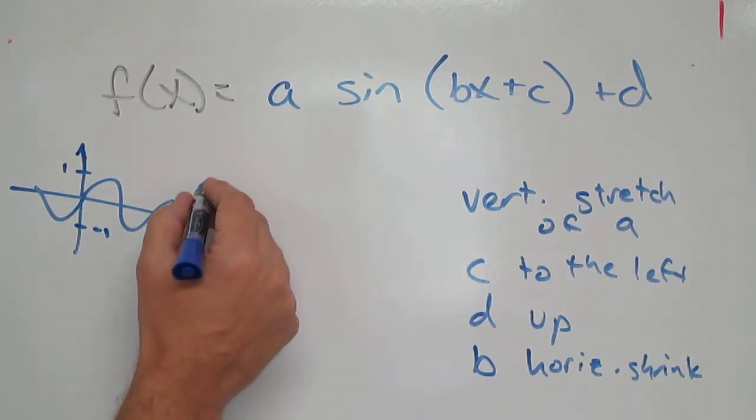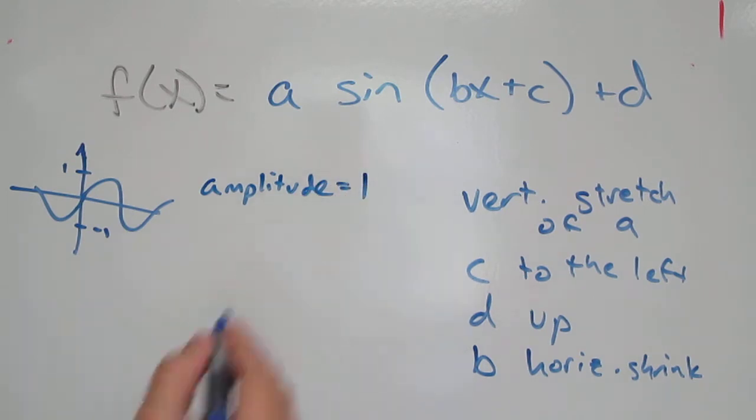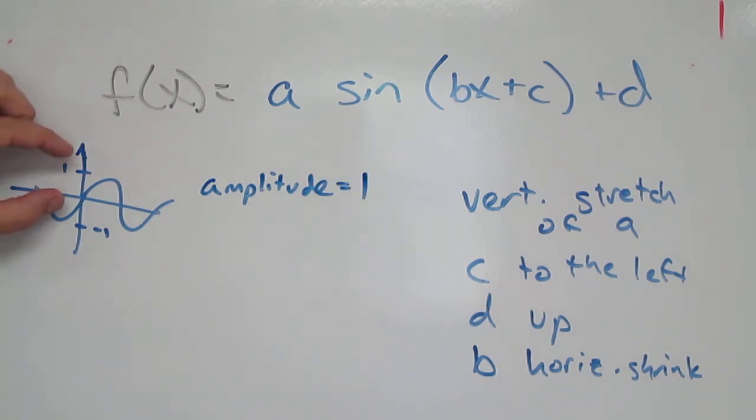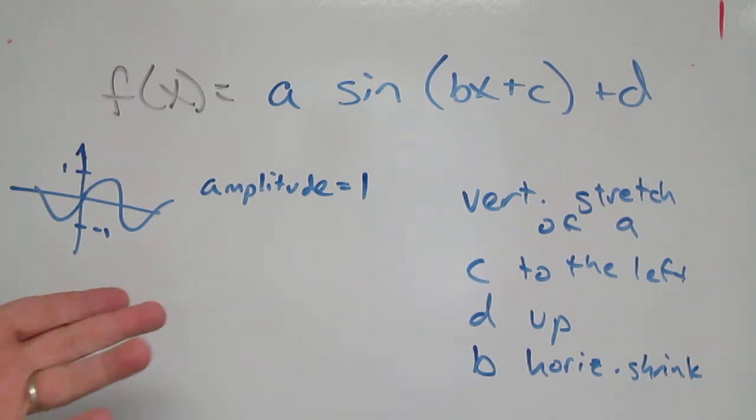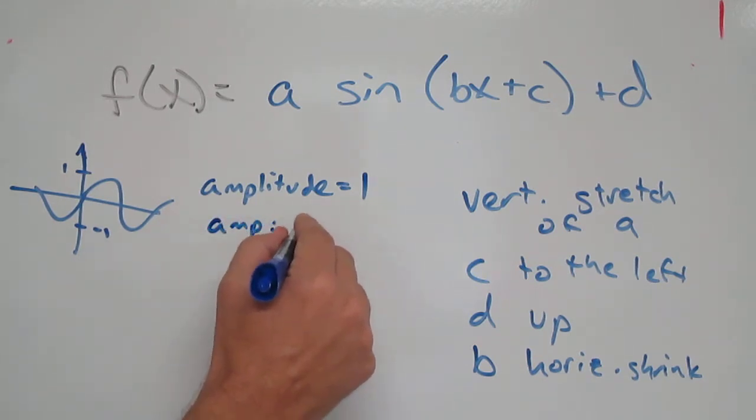We would say that the amplitude is 1 because basically it's the total height of the wave minus the depth of the wave divided by 2, or something along those lines. Our amplitude, when we do transformations, changes to A.